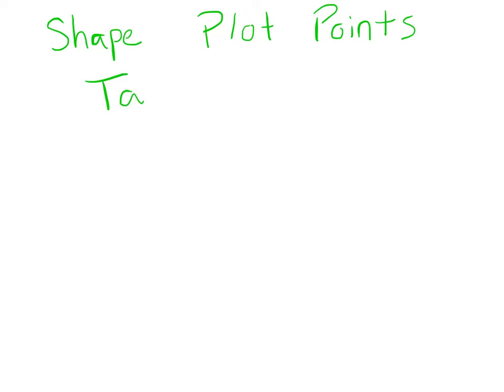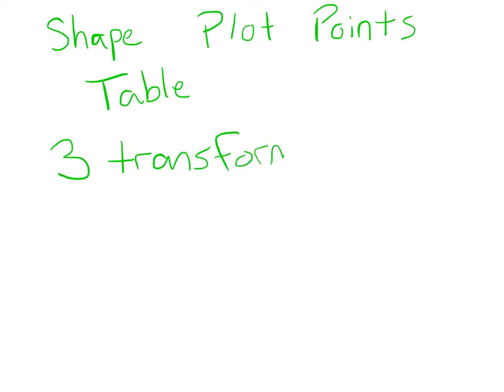So to give a quick summation of what I want you to do, I want you to draw some type of shape by plotting points. You're going to pay very close attention to what your coordinates are whenever you plot those points. You're going to fill in the table. You're going to look at what that is. Then you're going to make three types of transformations. The transformations that you make, you're going to keep the same every single time.